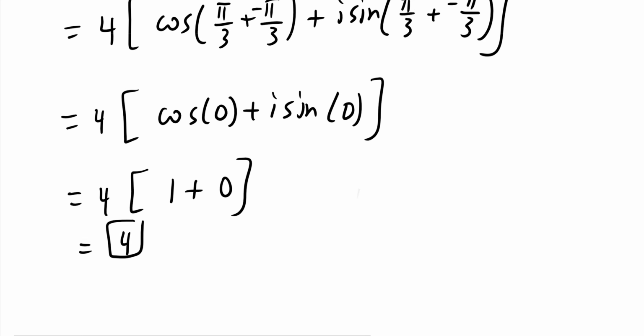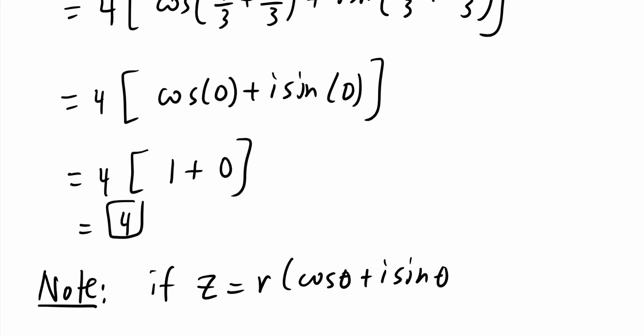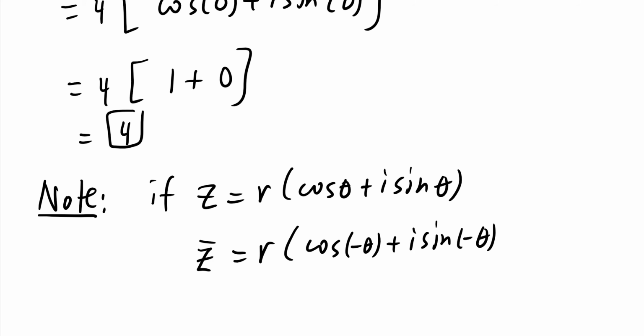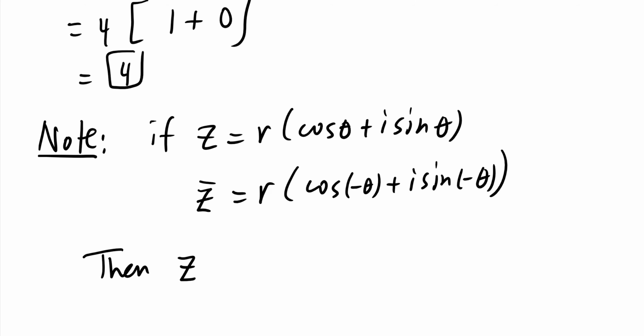And it's always true, as a note, if z is r cosine theta plus i sine theta, and its conjugate is r cosine negative theta plus i sine negative theta, then their product, z times z bar, is always r squared. And that's what we got earlier. We just got 4. Everything inside the parentheses goes away.